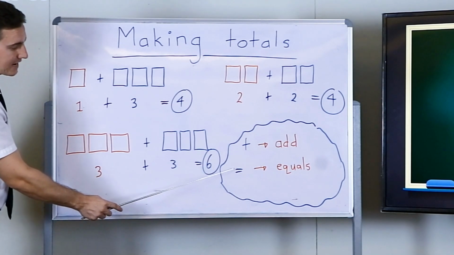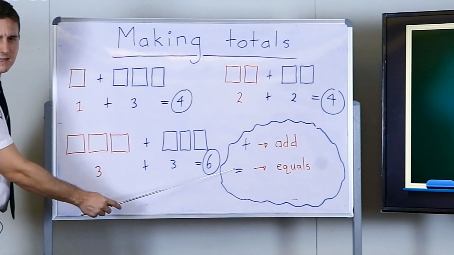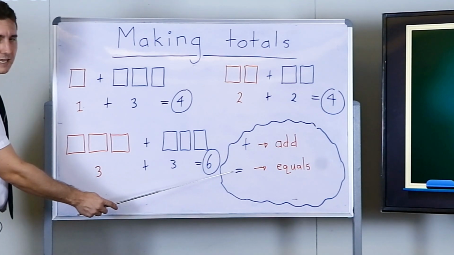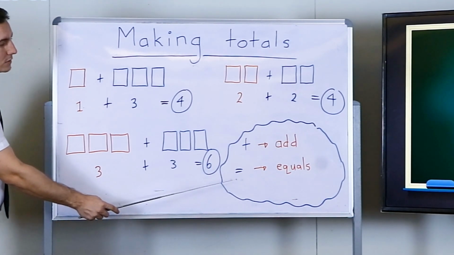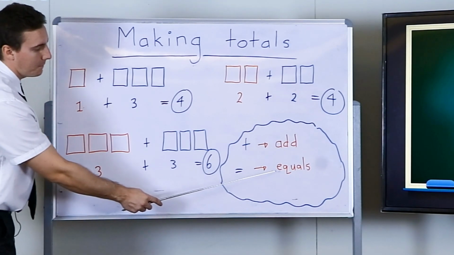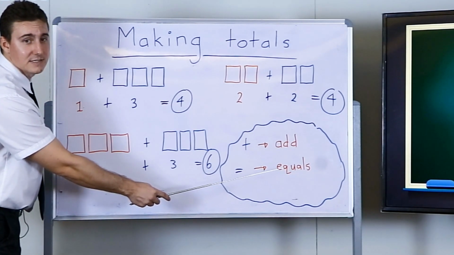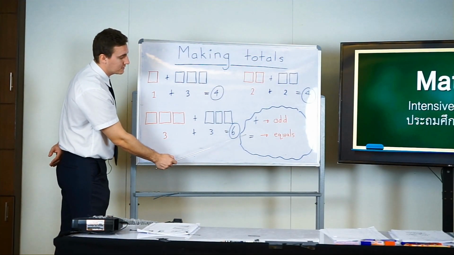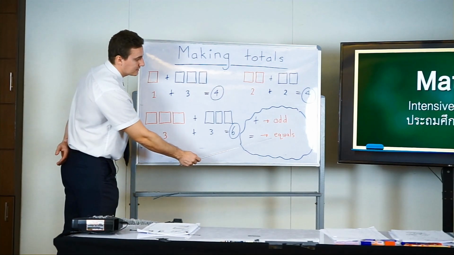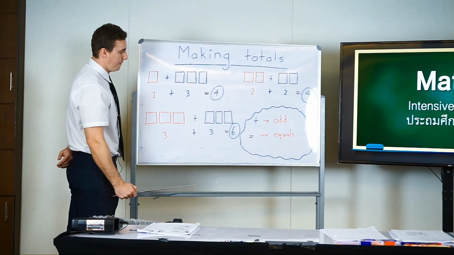And the next sign, who can tell me what is that? That is equals. Good. Equals. Now, equals means the same. So, when you see this, it means the same.